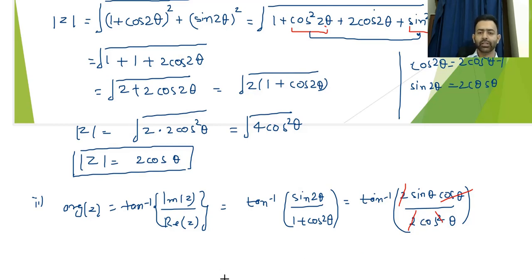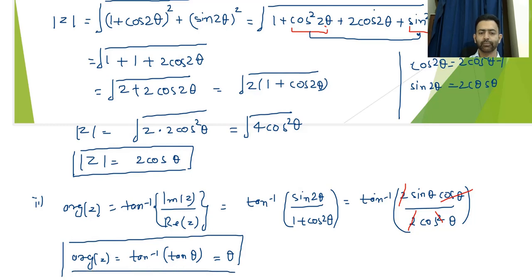So you will remain with just tan theta inside the bracket. My final answer for the argument of z will be tan inverse tan theta, right? And tan inverse tan theta is basically theta. So the argument of z is just theta.